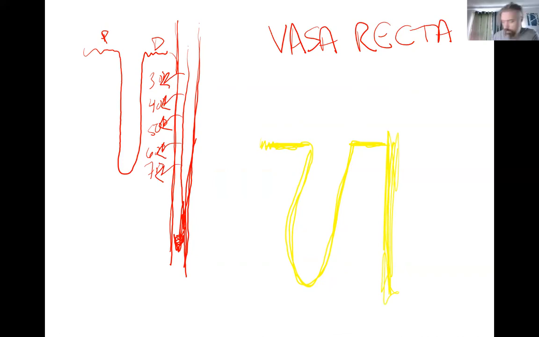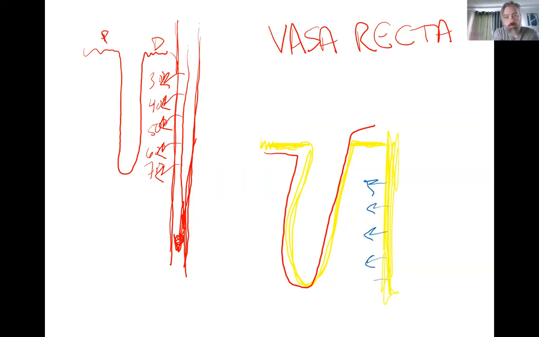Running next to this is the vasa recta. Runs parallel to it the whole way. Let's back up. And so as we lose water from the filtrate, that water pops out and is collected by the vasa recta the whole way.